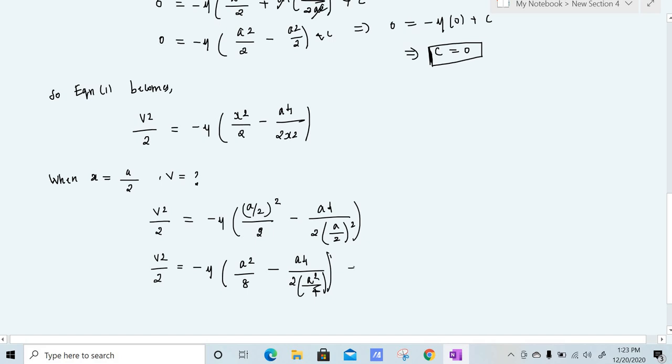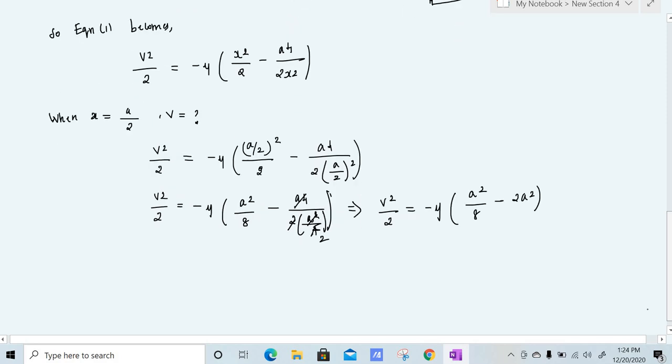So v square by 2 is equal to minus mu into a square by 8 minus, so this 2 and this will get cancelled. So we will have 1 a square and 1 a square will cancel. So we will have minus 2 times a square.